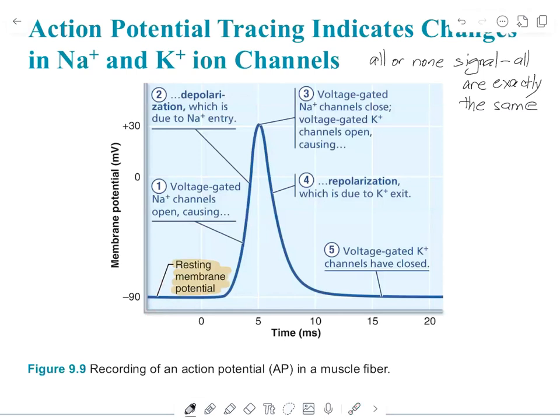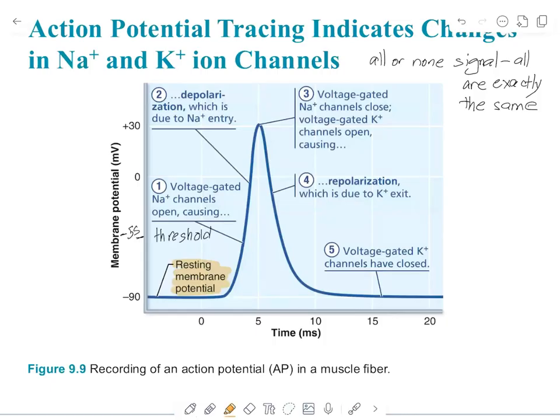Sometimes it's negative 70, but in this case it's negative 90, which is the case a lot of times for nerves and muscles. But the threshold is negative 55 millivolts, which means once enough sodium enters the cell, then an action potential occurs. So negative 55 is the threshold.